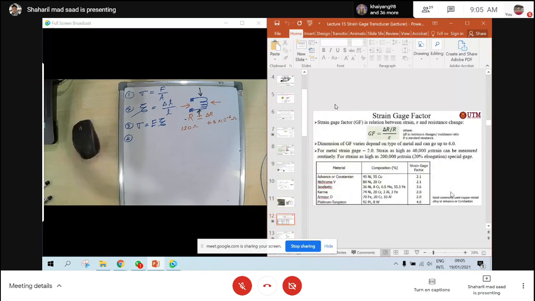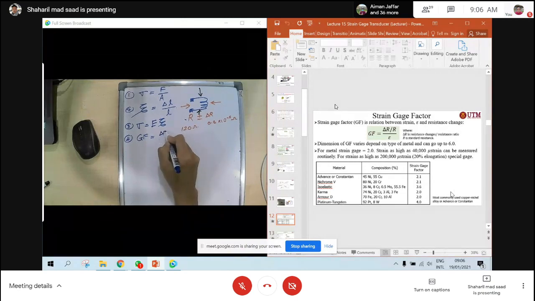So when you buy a strain gauge, you will get one parameter, we call it the gauge factor. The gauge factor has its own relationship between the resistance and also the strain of your electrical strain gauge.